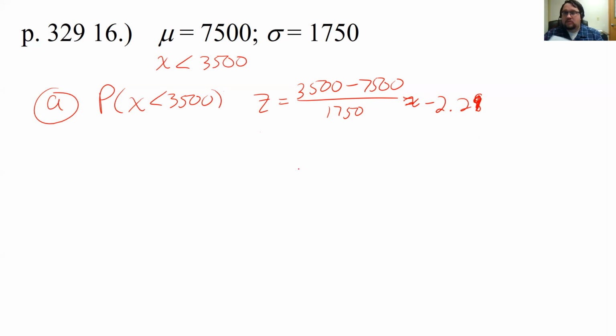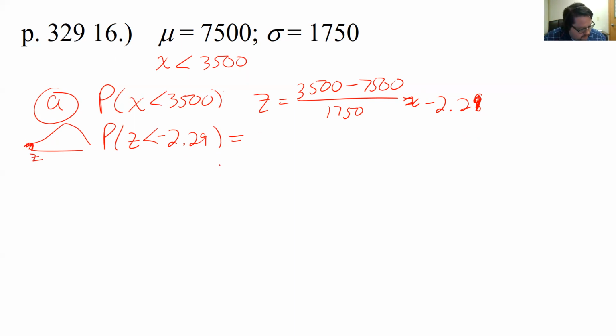All right, so I'm going to change this into Z's. What's the chance that we are less than negative 2.29 standard deviations below the mean? And so I look at that table. Remember, that's how that table is set up. It's set up to go from whatever that Z value is, down. So great, that's going to work just fine for us.